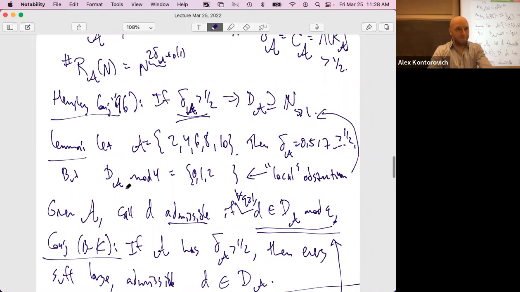This type of lemma that disproves the conjecture, can we extend it somehow? According to what you said, one extended conjecture is that there exists a C such that if delta A is greater than C, then D of A contains all numbers but finitely many.